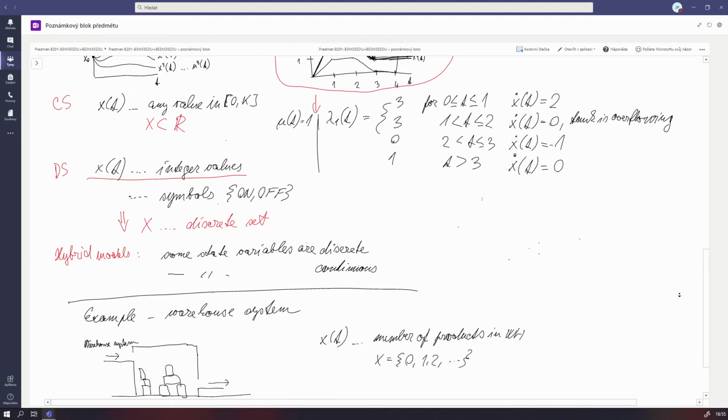Then we can have input, let's say U1, which is either 1 if a product arrives at time t, and 0 otherwise.